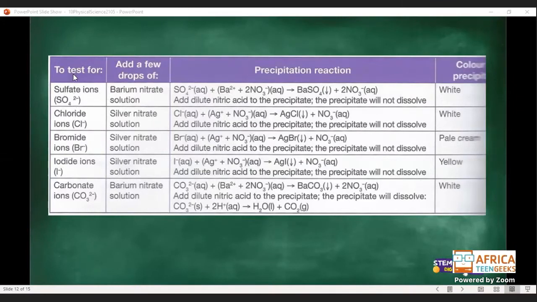If I want to test for sulfate ions, so I want to see, is there SO4 ions in there? I add barium nitrate. Don't worry too much about the balancing of this whole thing.